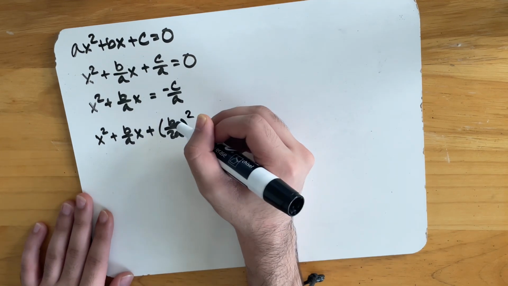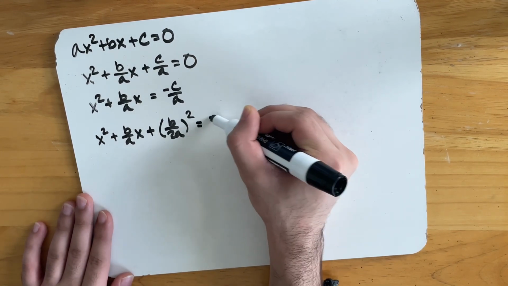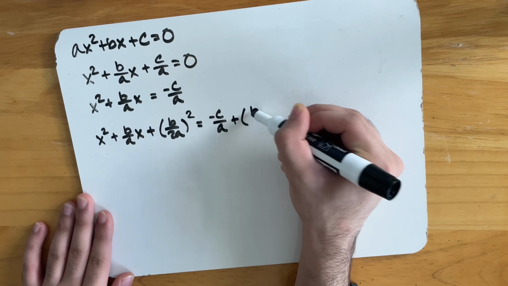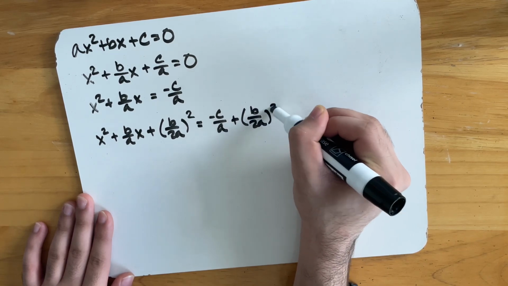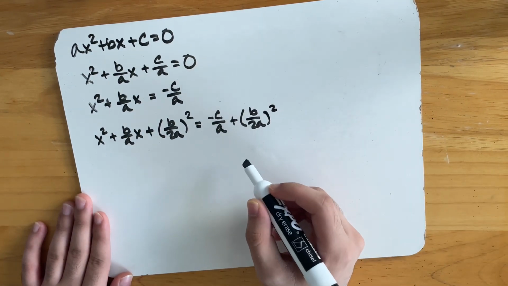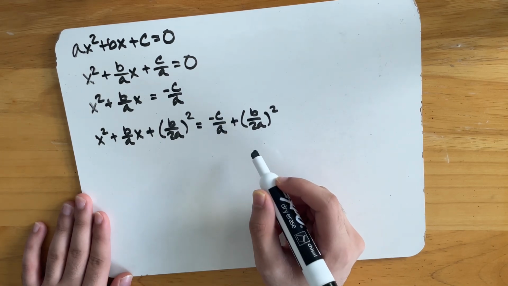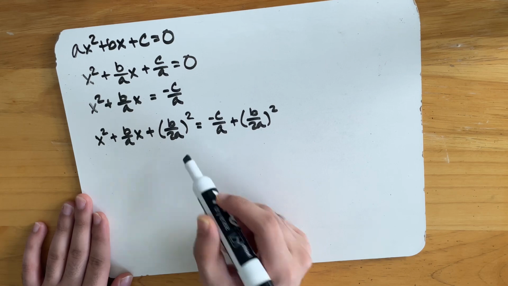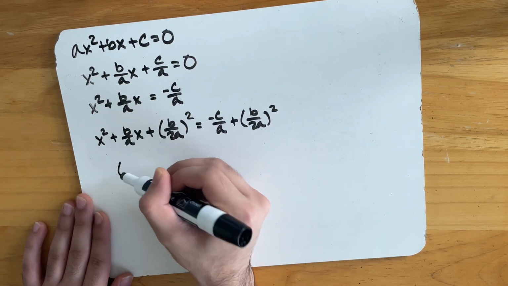And what we do to one side, we do to the other side. So we get negative c over a plus b over 2a squared. We do that, and we know that our left side is a perfect square, so we can rewrite it like this.